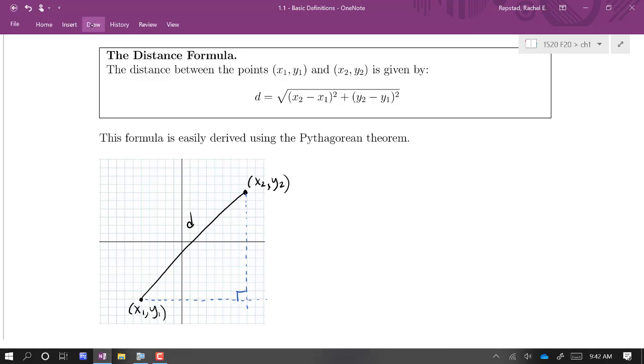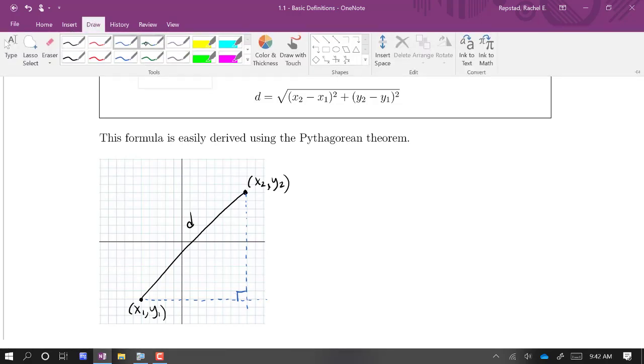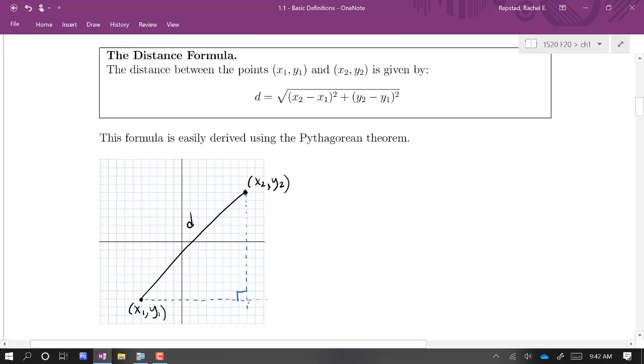Now we're going to figure out the lengths of these 2 legs of the right triangle. The first thing is the coordinates of this point in the bottom corner. The x-coordinate has to be the same as the x-coordinate directly above, so that's x2, and the y-coordinate has to be the same as the y-coordinate directly to its left, which is y1.